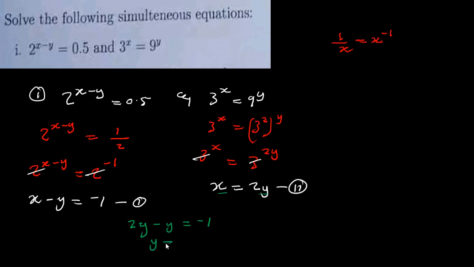So y is simply negative 1. And then if you take this negative 1 and replace it there, you're going to have x is equal to 2 multiplied by negative 1, so x is simply equal to negative 2. So this is the final answer.